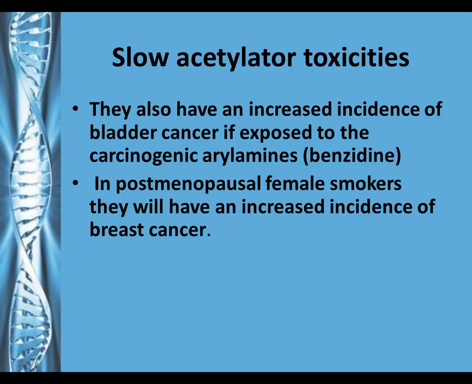So let's talk about how that might apply to our clinical practice before we move to the next slide. If someone is a known slow acetylator, that tells us how they metabolize the drug.